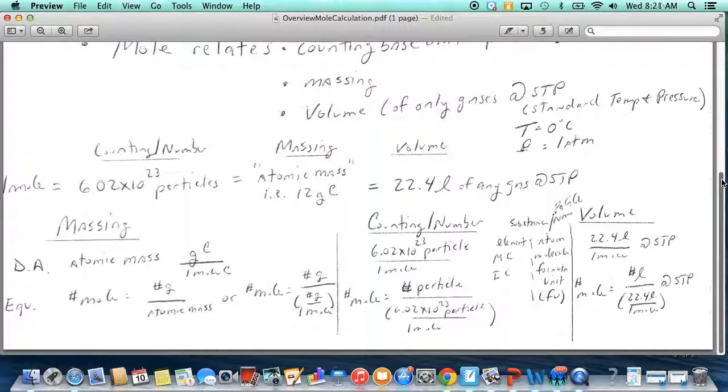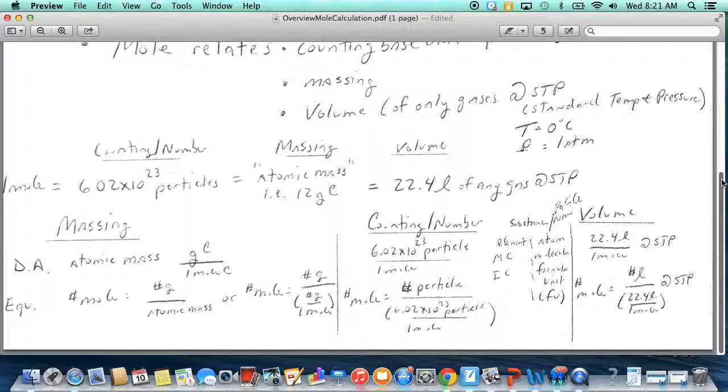So the three different calculation types: the first one has to do with massing. If you're a dimensional analysis person, you'll be using the conversion factor of atomic mass. Again, the more expanded name is molar mass, which is the mass of 1 mole of anything.